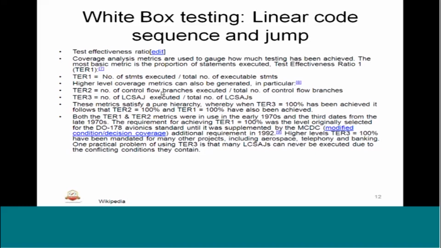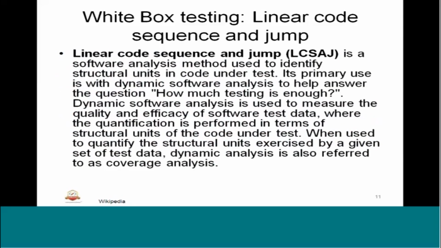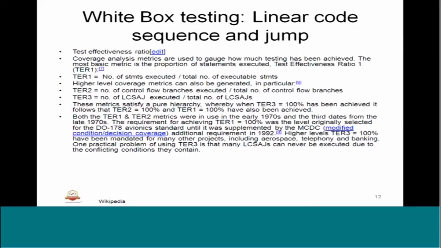So whether we are able to test it, whether we are able to feed all the values. This TER2 will give that with the help of the sequences we have. So TER3 is the number of LCSAJs executed over the total number of LCSAJs.